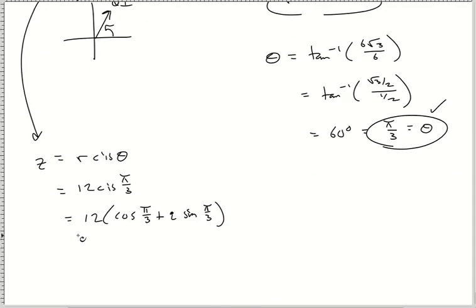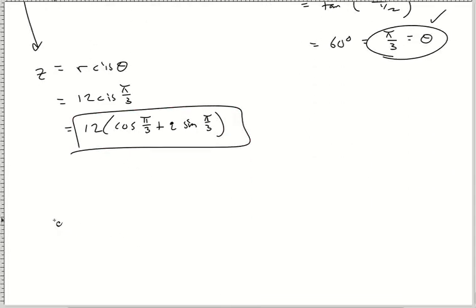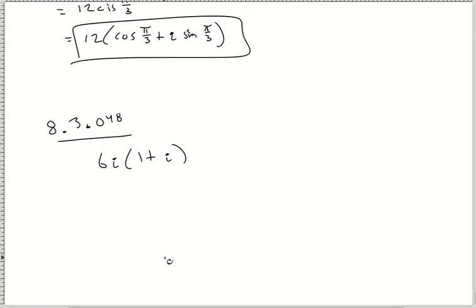Okay, awesome. That's what they want. So, another one. This one's interesting because it's not exactly simplified to start with. We got this, and they say go ahead and rewrite it in polar form. Well, I'm going to distribute to be able to simplify: 6i plus 6i squared.